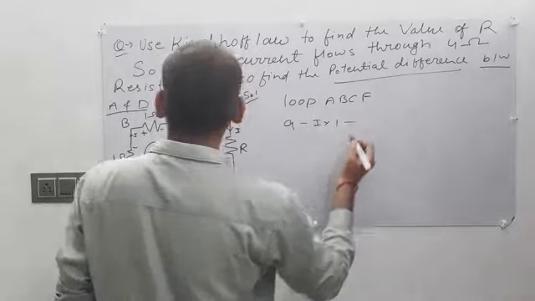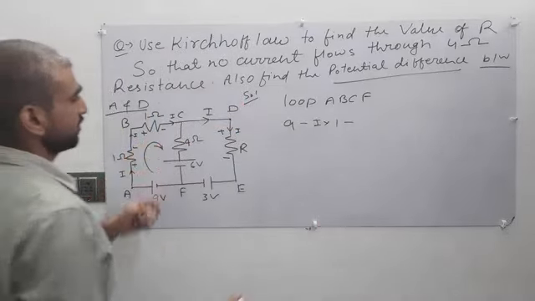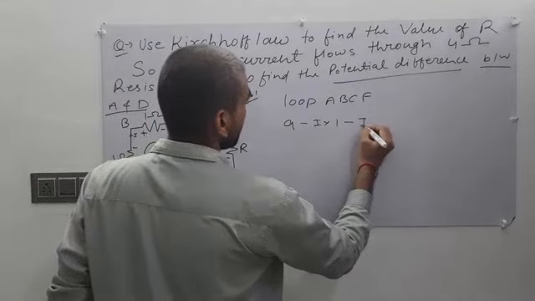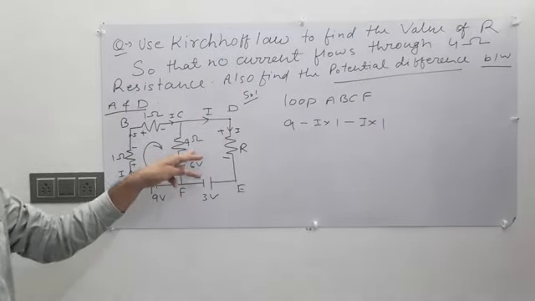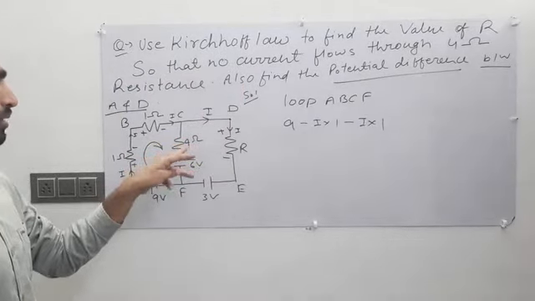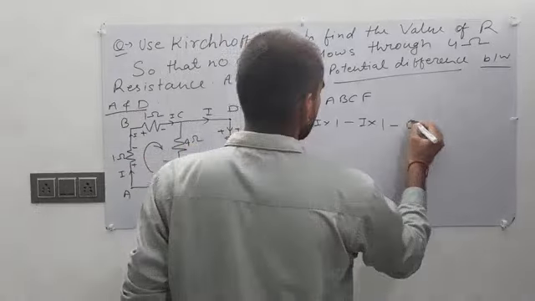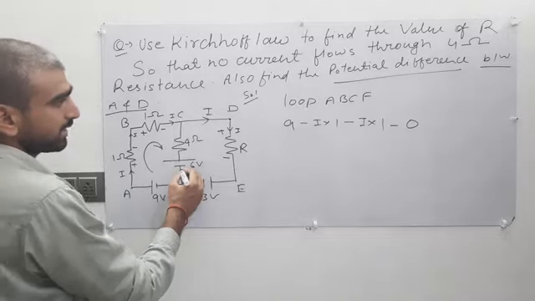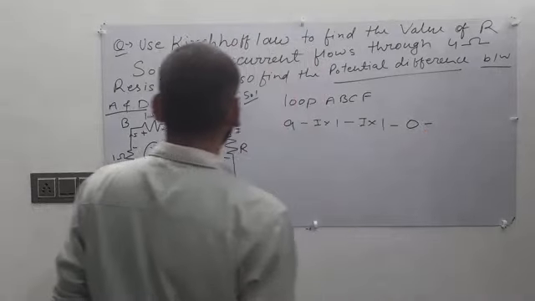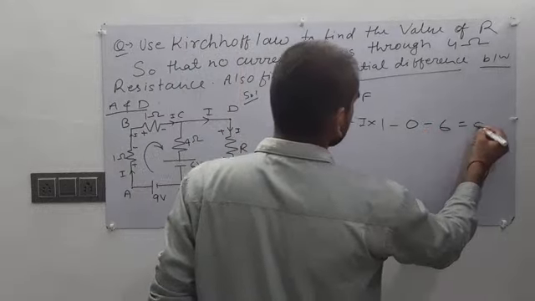Here also minus I into 1. There is no current, that means the voltage drop in the 4 ohm resistance is 0, and we leave from the negative terminal of the battery, so we take the sign negative. Minus 6 equals 0.